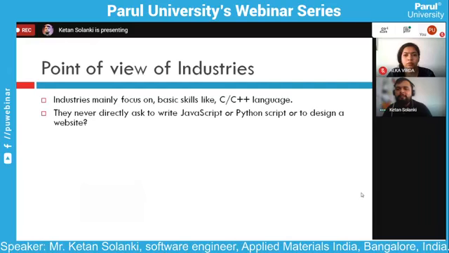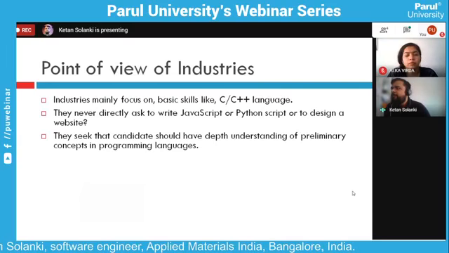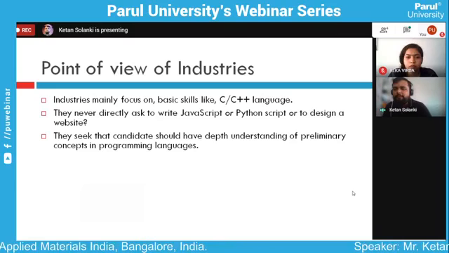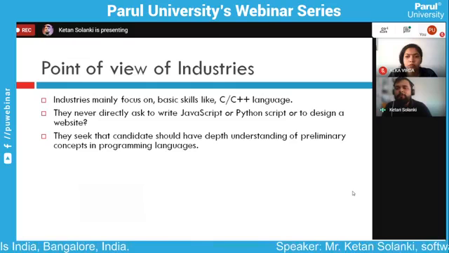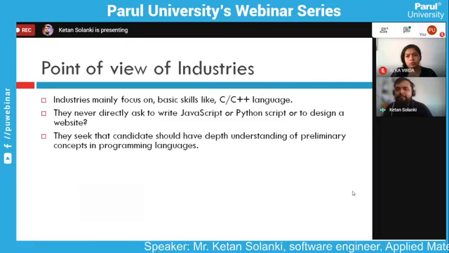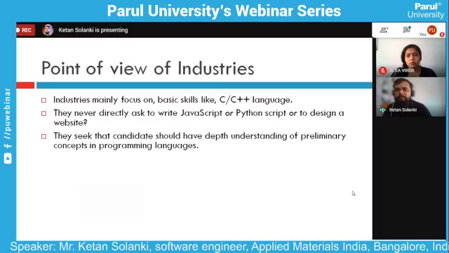Next, what the industry seeks is an in-depth understanding of the preliminary concepts of programming languages. I'm not emphasizing that you should know only the C language. Whatever programming language you are applying for, you should have a brief concept of the root of that language.